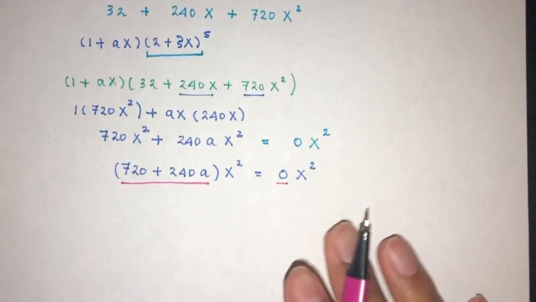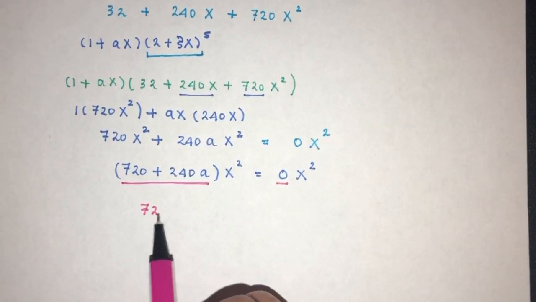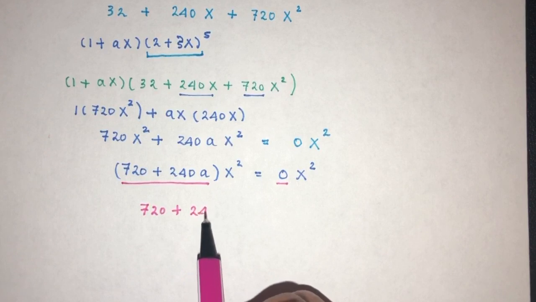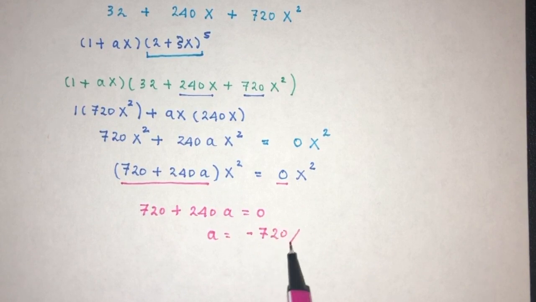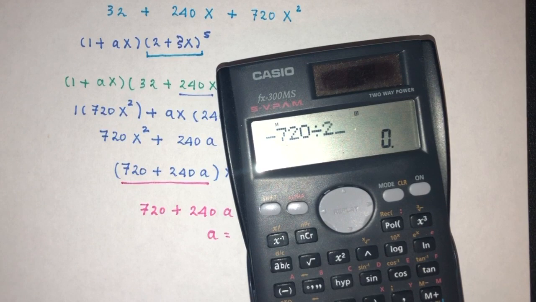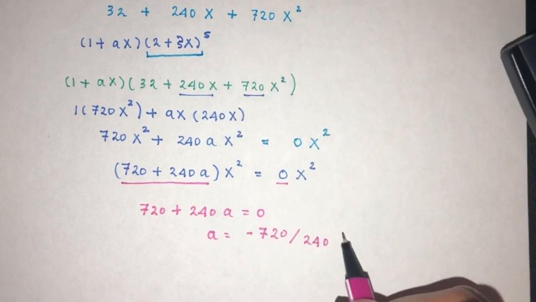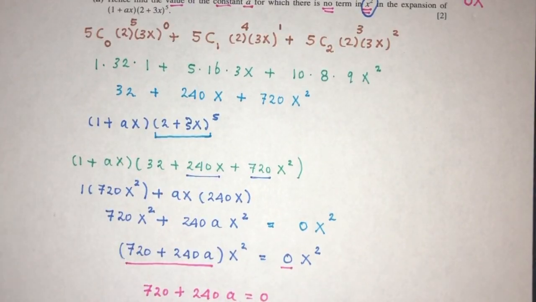As you can see, 720 plus 240a has to be 0, which means a has to be 720 divided by 240. That is minus 3 as your value of a. As we can see, step by step how we were able to find that value.